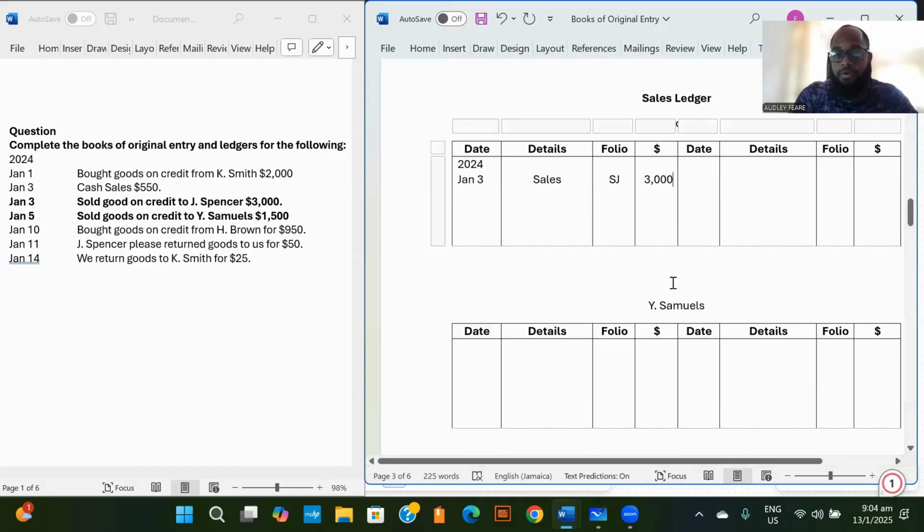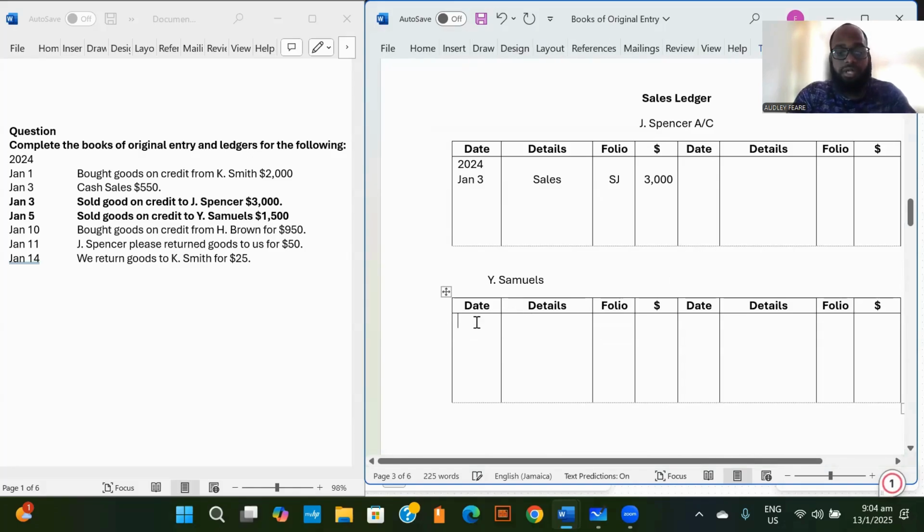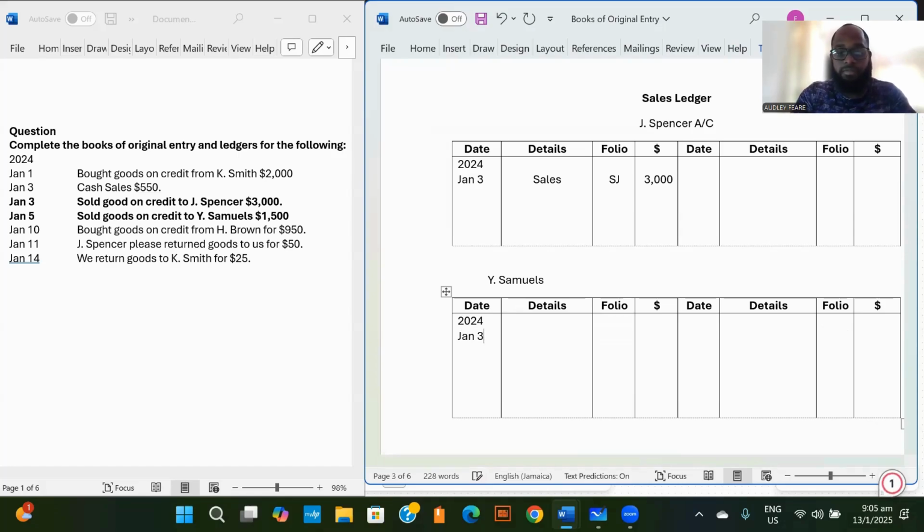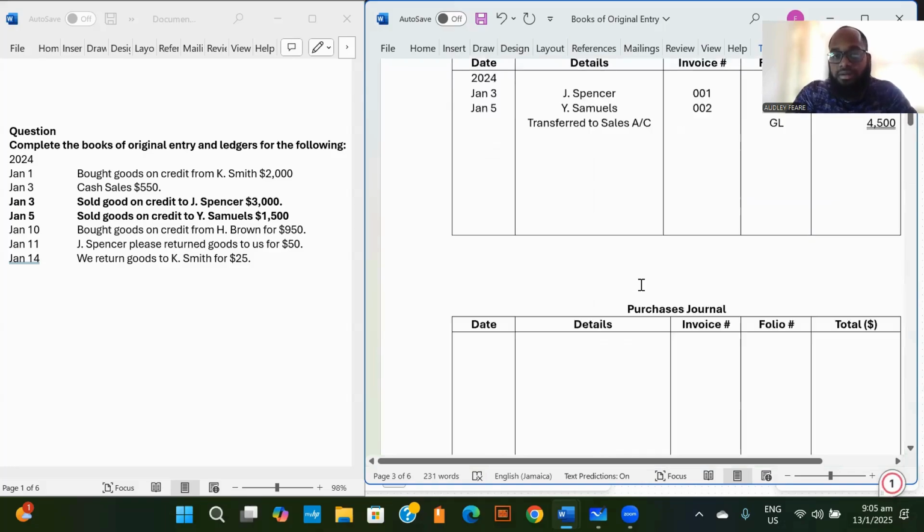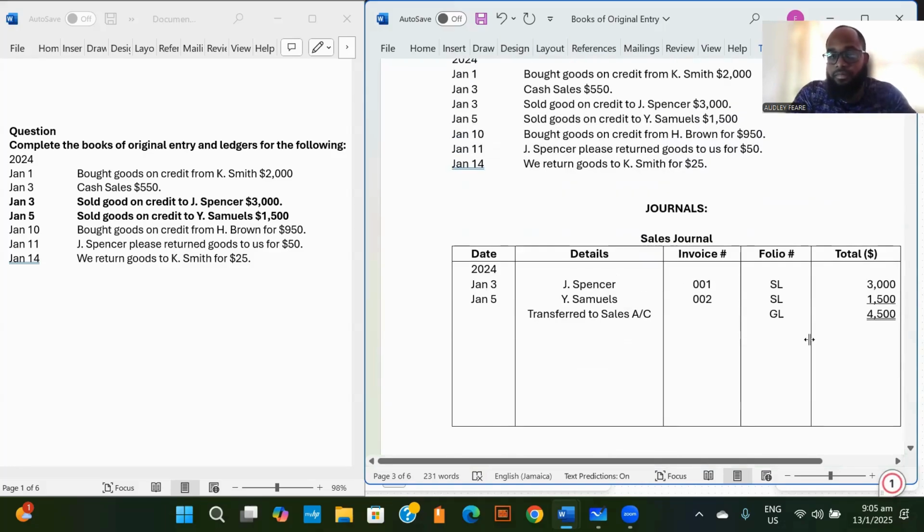And we do the same thing for Y. Samuels. So the date 2024, January 3, the details, as we said, would be sales, folio, coming from the same sales journal, which you can give a number if you like, should be the same as the one here. And then the amount of money would be 1,500.